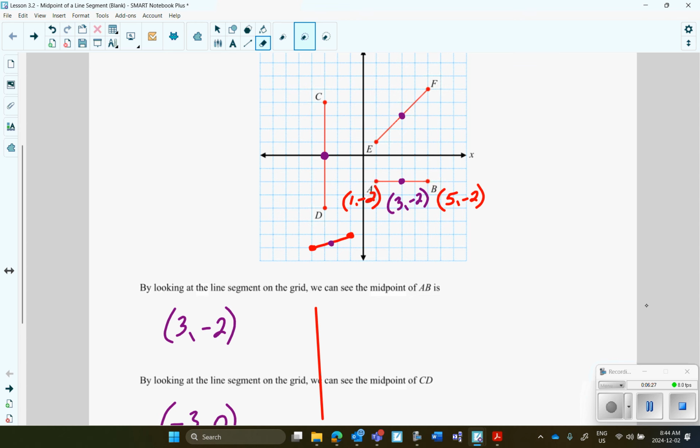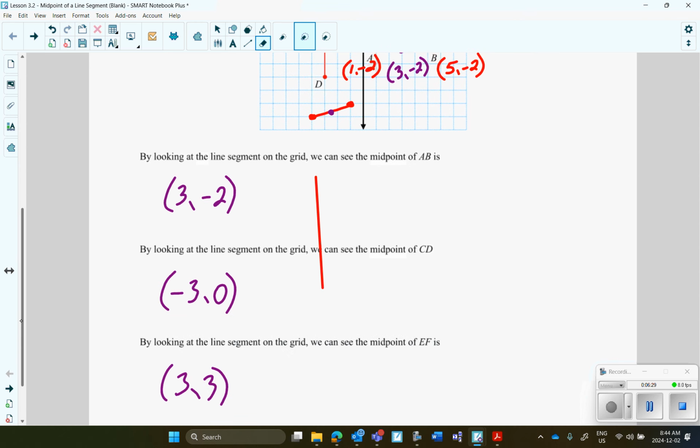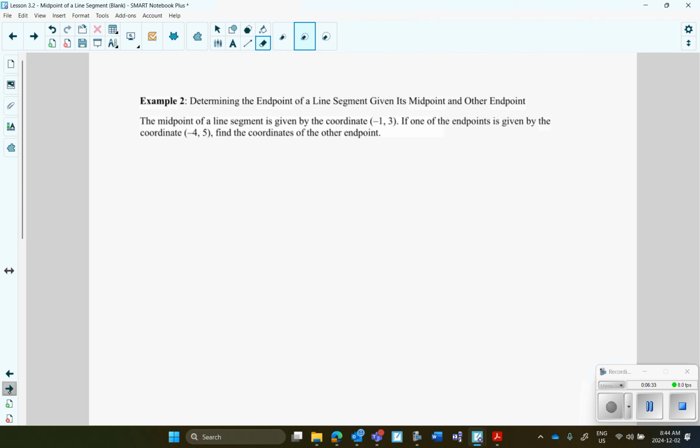So that's a formula of how we can find the midpoint.